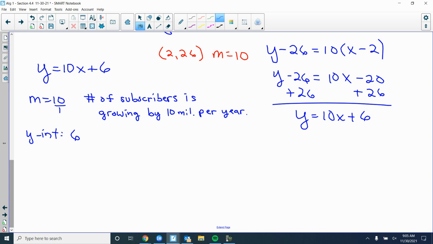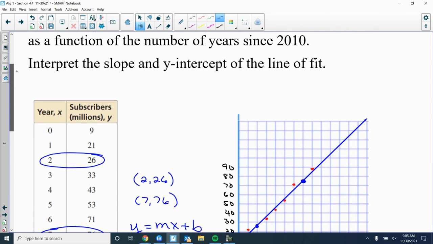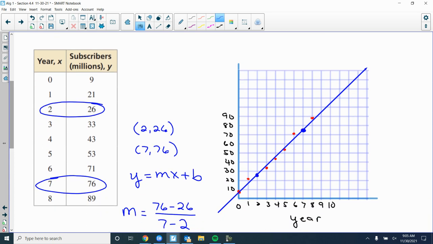It's always a 0. Here's what you got to watch, because this may not match up exactly with the data. Remember, this line does not match up with all the points. We only drew it through 2 points.